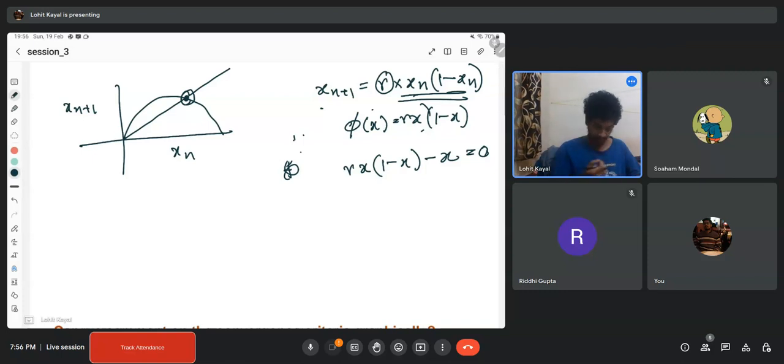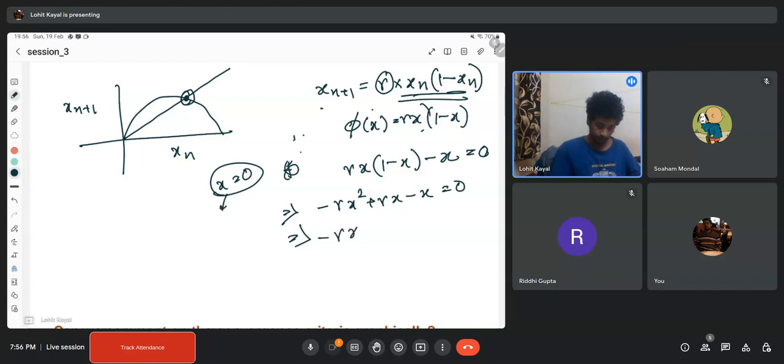Okay, so let's try that. So it will be minus r x square plus r x minus x equal to 0. So x equal to 0 is one root always. We are not interested in x equal to 0 so far, so just keep it.